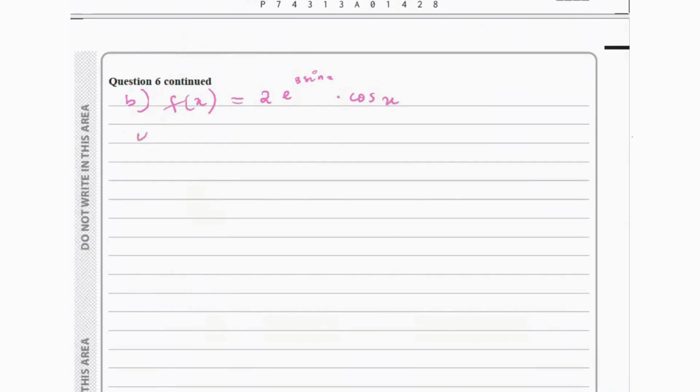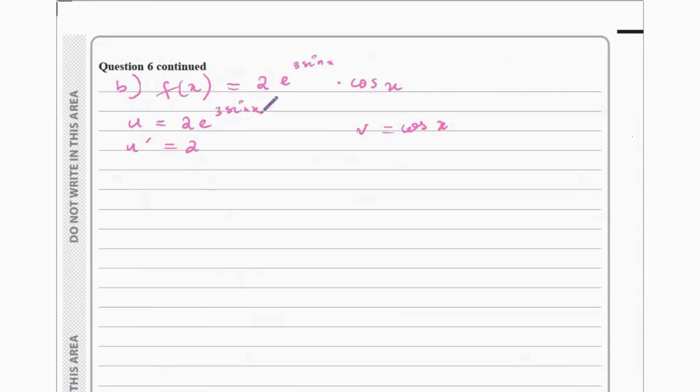So I'm going to say that u equals 2 times e to the power of 3 sine x and v equals cos x. So the derivative of u is going to be 2 times the derivative of the power of e, which is going to be 3 cos x, because the derivative of sine x is cos x, and then e comes as it is with its power.